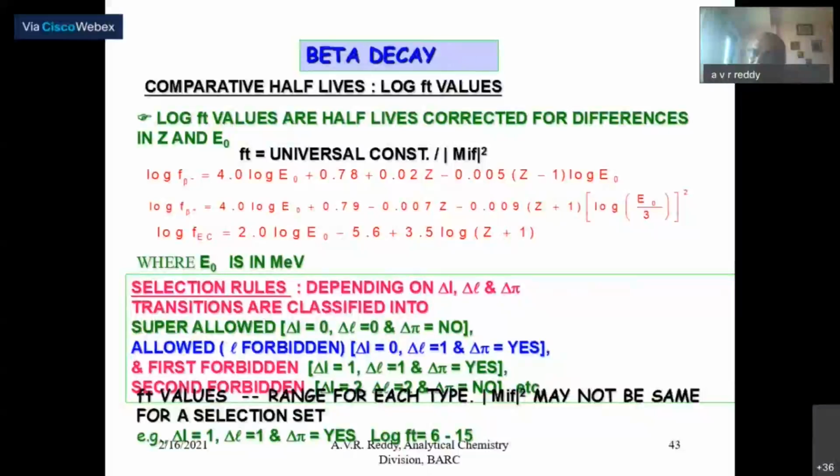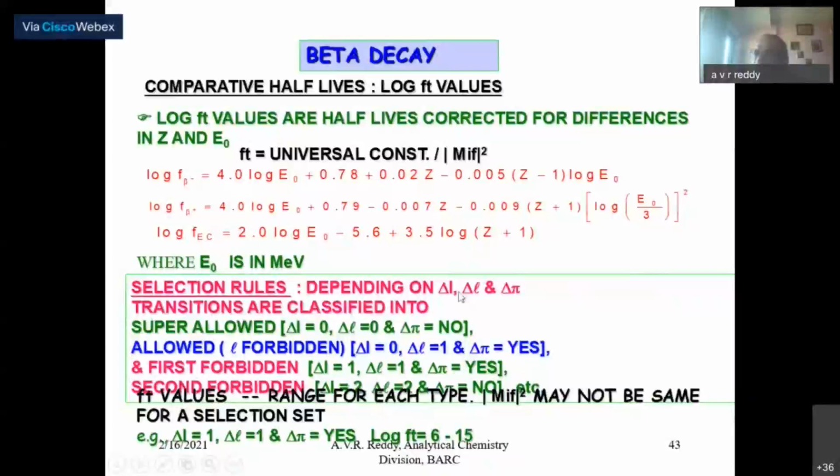We have seen already, only the last unpaired nucleon is important for calculating delta I. Similarly, the L value and parity. Remember, if the difference of the initial and final nucleus delta I is lower, then the probability for the decay is very high.